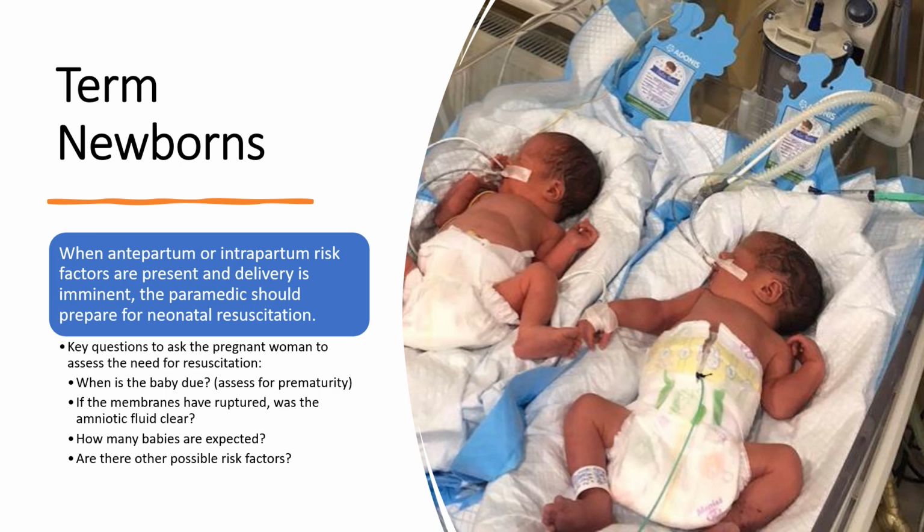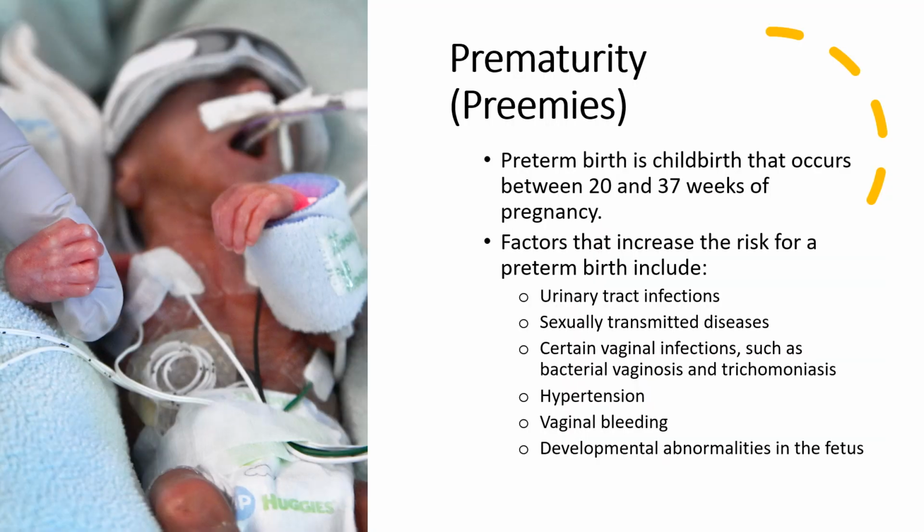And are there other possible risk factors? Premature babies is what I was talking about, anywhere between 20 and 37 weeks. It's getting closer to 24, but 20 is the theoretical lower limit. Factors that increase risk for a premature birth include UTIs, STDs, certain vaginal infections such as bacterial vaginosis and trichomoniasis, hypertension, vaginal bleeding, and developmental abnormalities within the fetus.